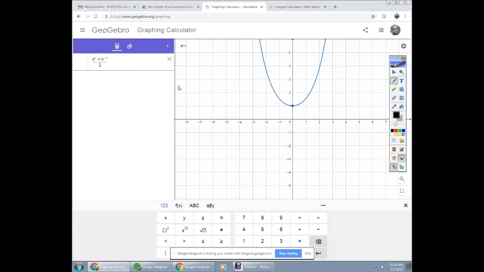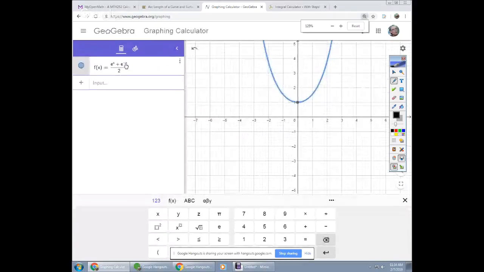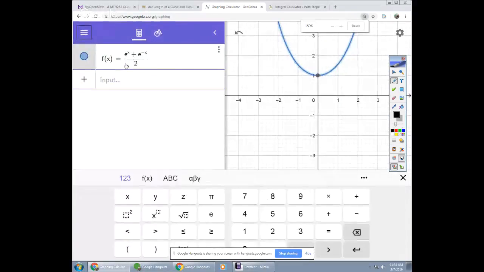Okay. If I zoom in on this a little bit, does that function look familiar right there? Wait, is that arc sine? That's the hyperbolic cosine. Cosh. Close. Yeah, that function right there is the hyperbolic cosine. And the graph of the hyperbolic cosine is called the catenary.